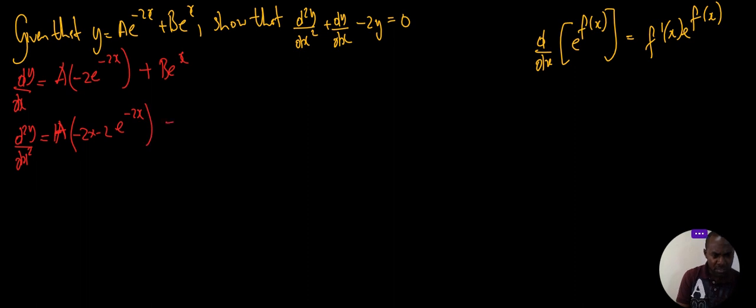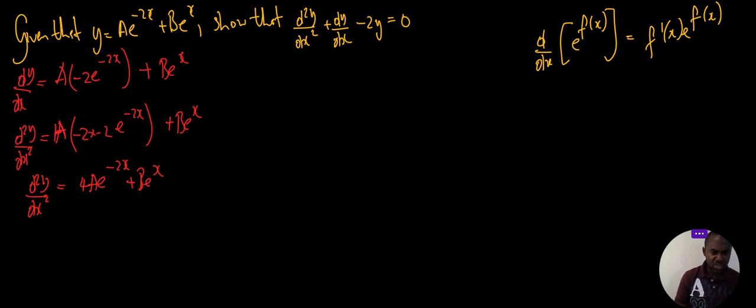And of course, be to the x remains as before, because b is a multiplying constant, and the derivative of e to the x is simply e to the x. So basically d2y by dx squared is equal to, minus 2 times minus 2, that is 4. This is 4a e to the minus 2x plus b e to the x.